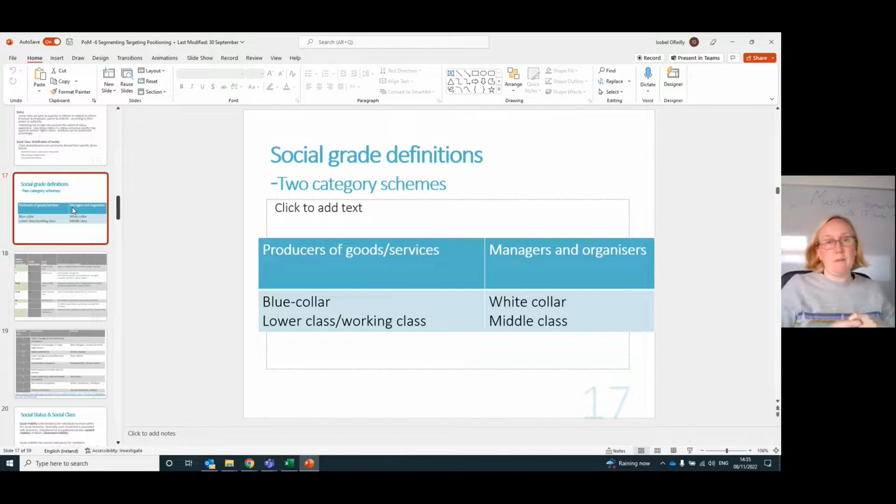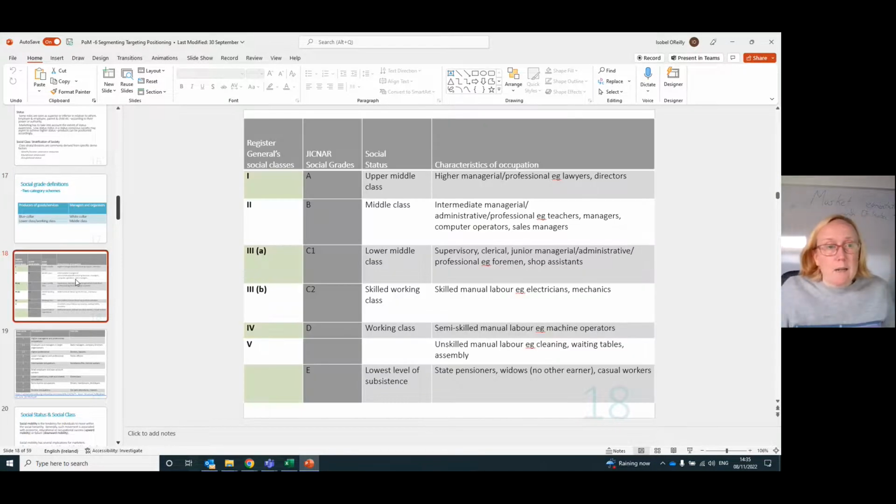So that's where it's the blue collar of the overalls versus the shirt in a suit type job. And it was a very black and white view of the world. And so naturally, as the decades went on, classifications got a little bit more sophisticated.